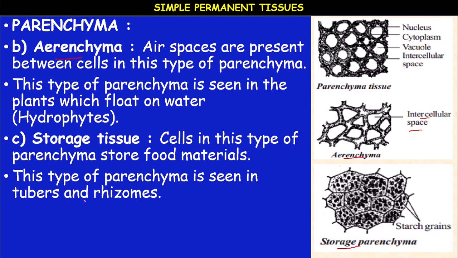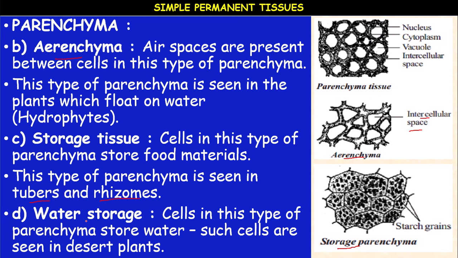This type of parenchyma is seen in tubers and rhizomes, food storage parenchyma. For example, in potato, starch is stored. Rhizomes, for example ginger and turmeric. So, this is the storage parenchyma tissue.